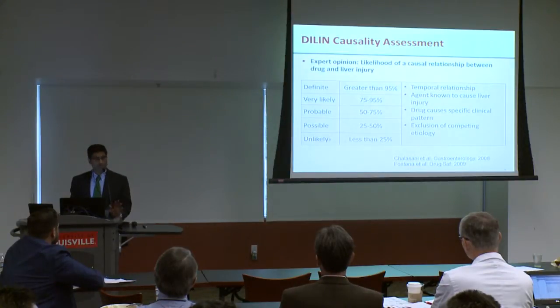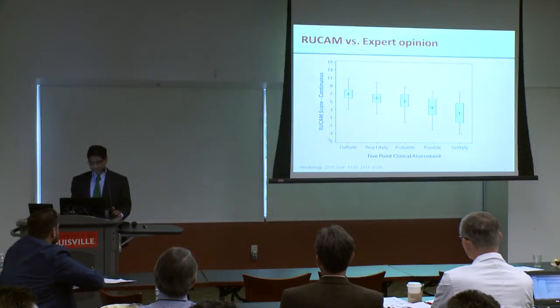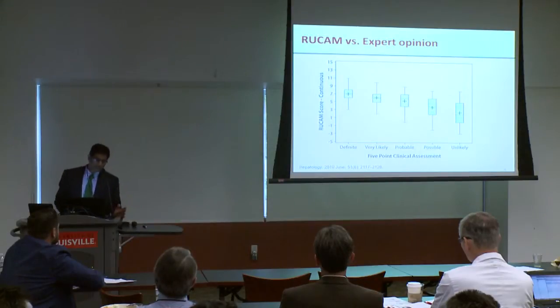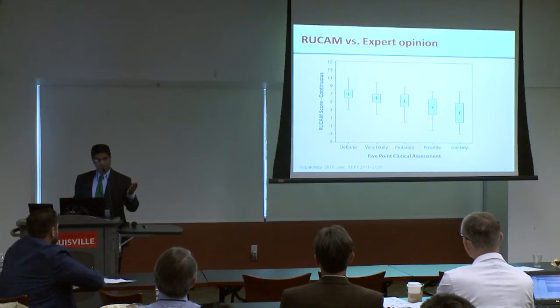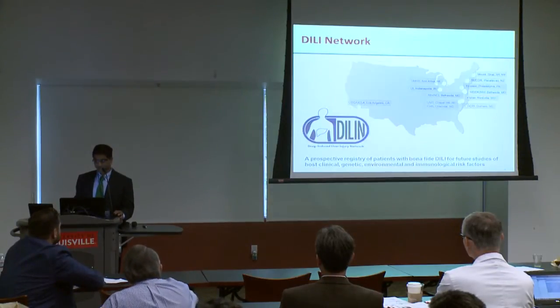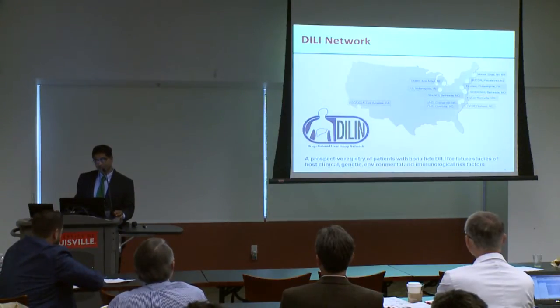We do not use possible or unlikely. And when we compared our DILI expert opinion to RUCAM, they stand pretty good. So if you're not part of DILI and you don't have access to expert opinion, you may as well use RUCAM.